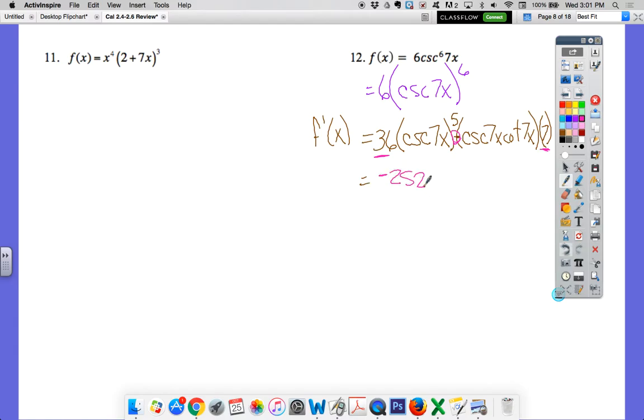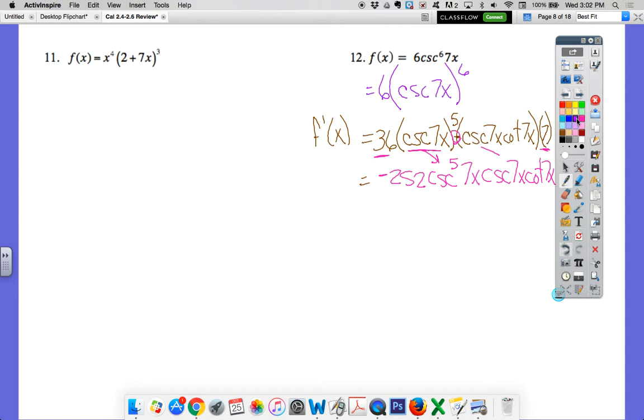And then we have all these terms here. You do have, and let's just write it out slow. This term right here is cosecant to the 5th 7x, and then that's from here. And then here you have cosecant 7x cotangent 7x.